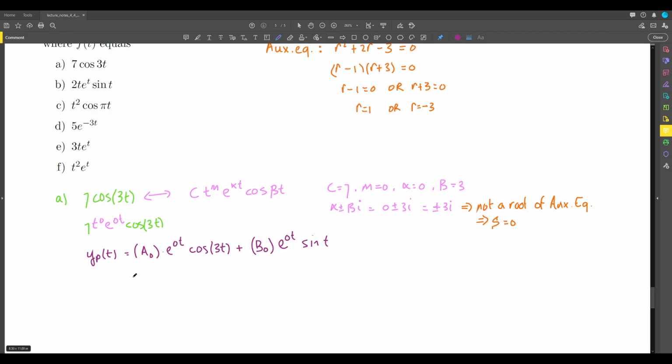And then, of course, we can simplify that as yp of t is a naught cosine 3t plus b naught sine of 3t. Should be a 3 here.